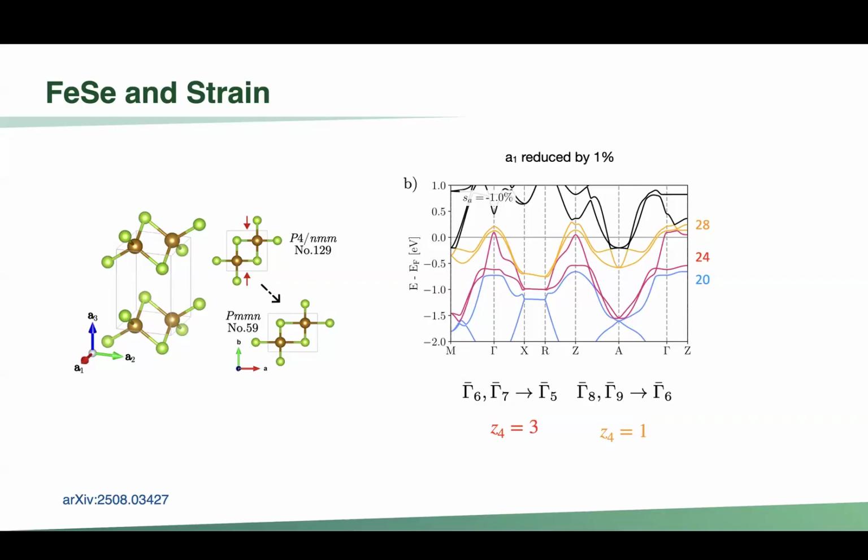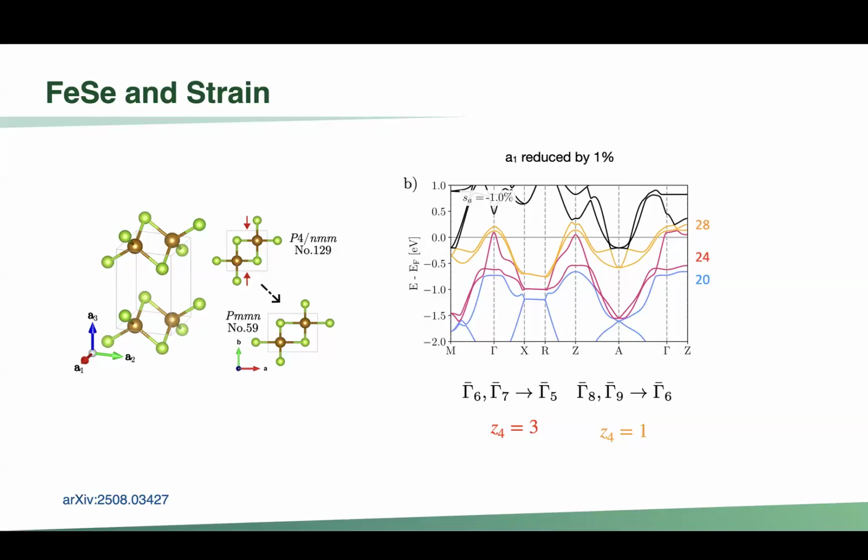So if we induce a strain and break these symmetries, going from this tetragonal space group to this orthorhombic one, then we can reduce the gamma 6 and gamma 7 E-reps to one E-rep, and gamma 8 and gamma 9 to one E-rep. So now we have crossings of the same E-reps, and this is going to induce a gap because there are avoided crossings.